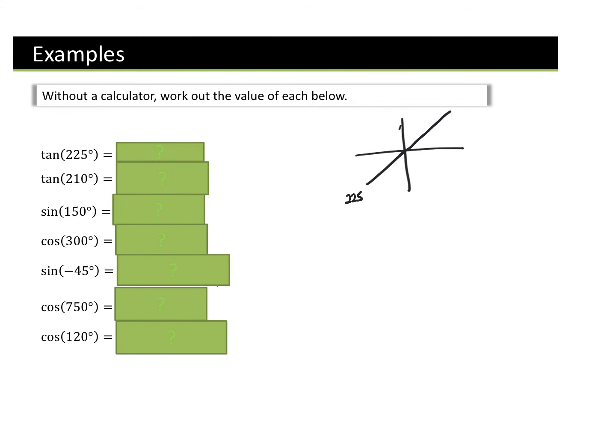I know I'm going to reflect it here. So now I can think 180 plus what was 225? That was 45. So that means this angle is 45 degrees. Now we all know what tan of 45 degrees is, and that is 1. So tan of 225 is the same as tan of 45, which is in fact 1.